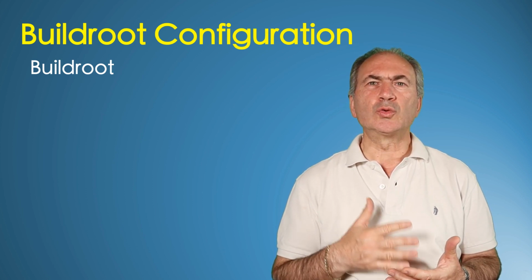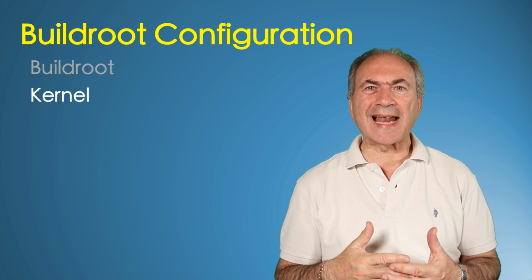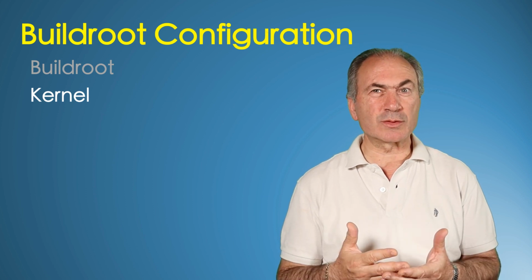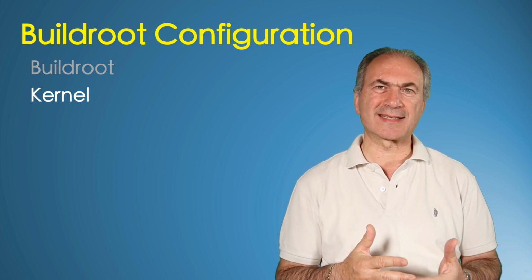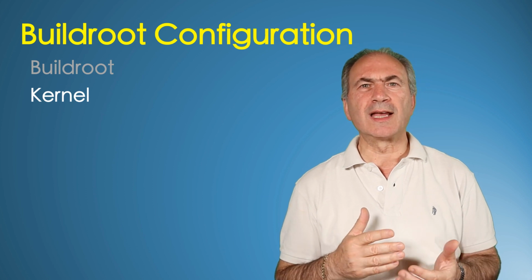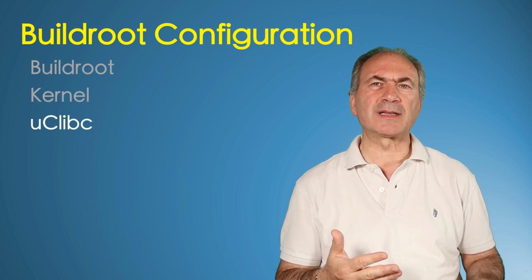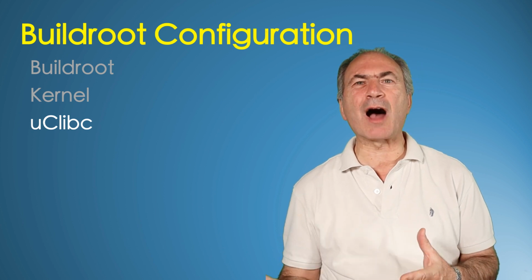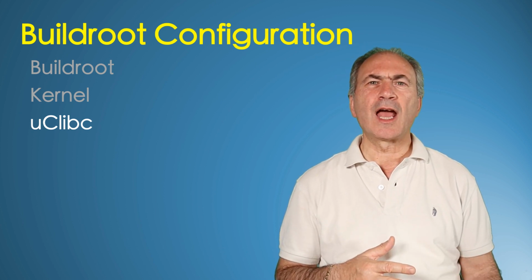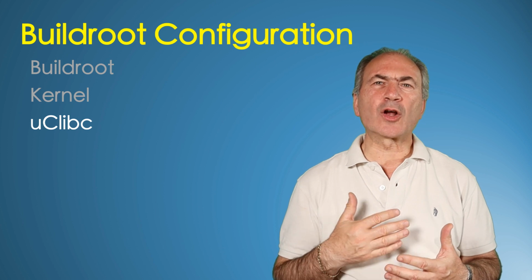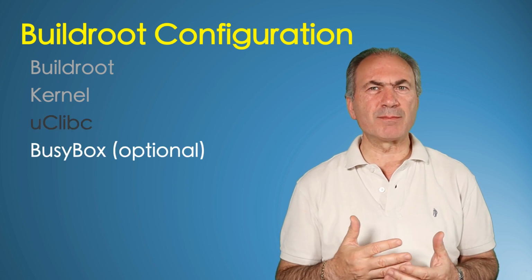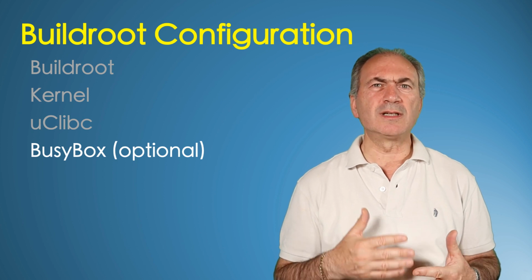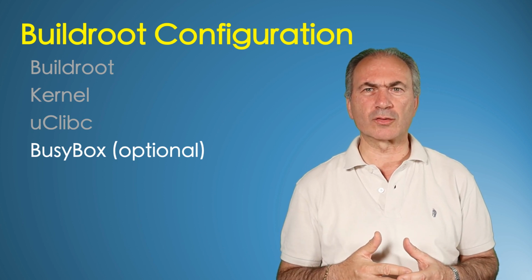We have to configure the kernel to select many kernel-related options as devices to support, file systems, etc. We optionally have to configure the libc implementation, typically to include features needed by our IoT device. Optionally, we can configure the init system as a BusyBox. In our case, we will not do this step. We will use the default BusyBox configuration.